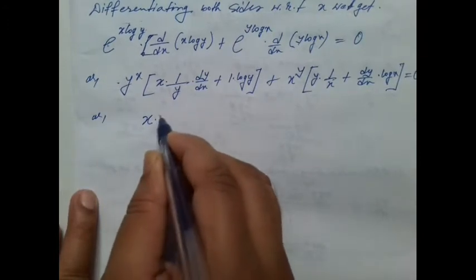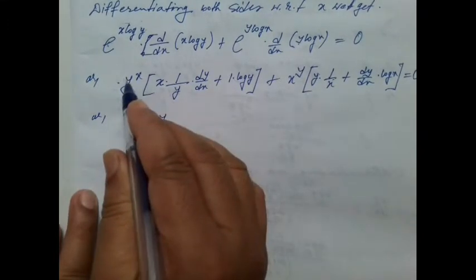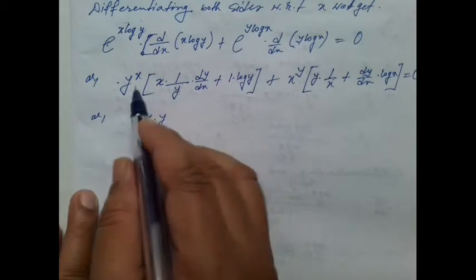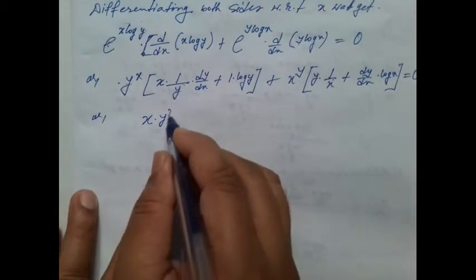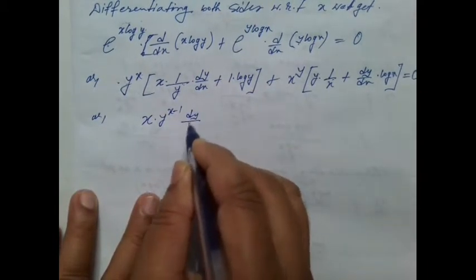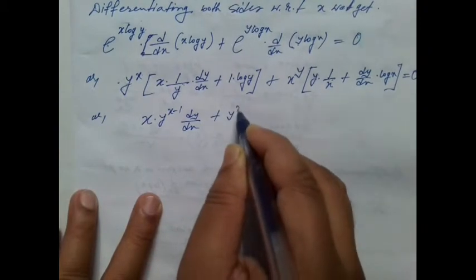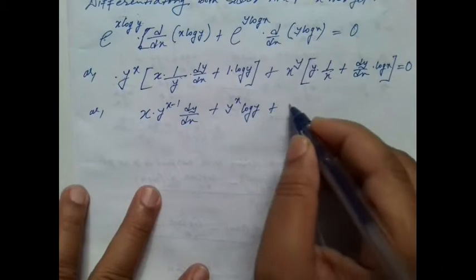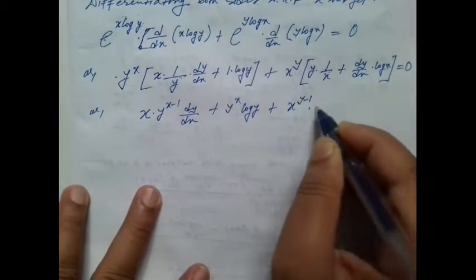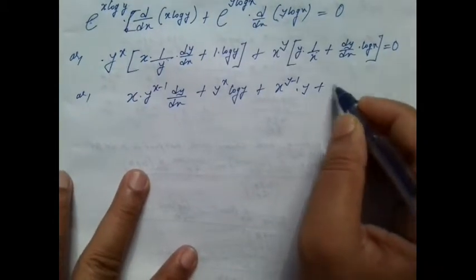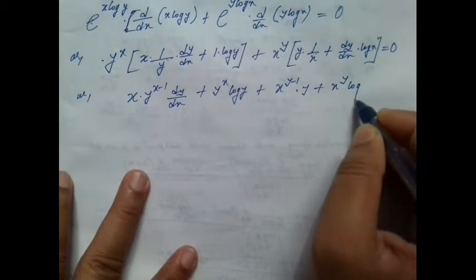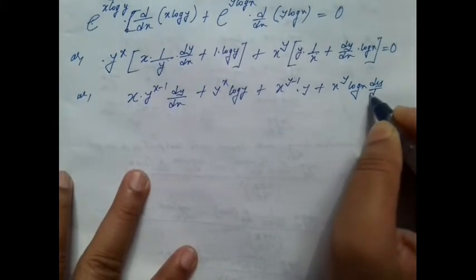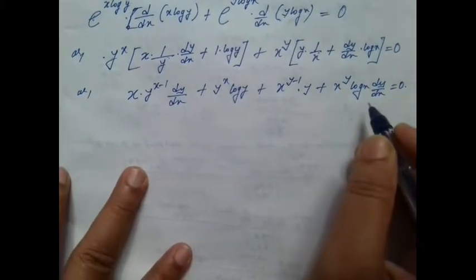Here we'll get x into y to the power x, and here y to the power 1, so a to the power m by a to the power n means a to the power m minus n, dy dx, plus y to the power x log y, plus here also the same thing, x to the power y minus 1 into y, plus x to the power y log x dy dx equals 0.